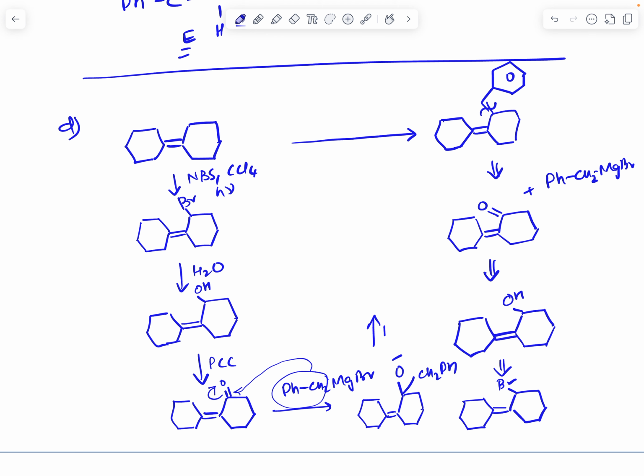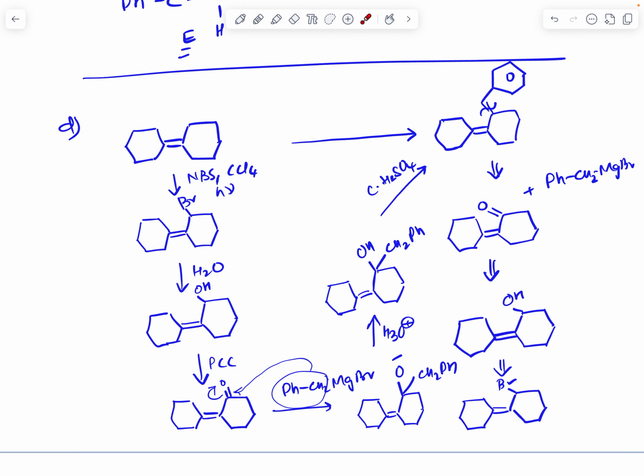And then you do the H3O plus, and that gives you OH out here, CH2Ph. Then you're going to dehydrate this. The dehydration can be done with concentrated H2SO4, and that's going to pump that OH off and put a double bond out there. That's basically what you're trying to make.